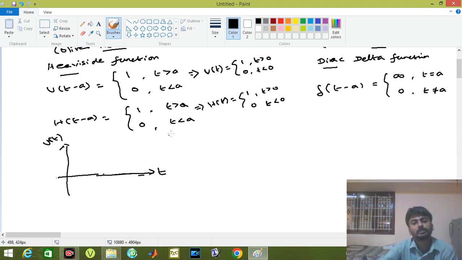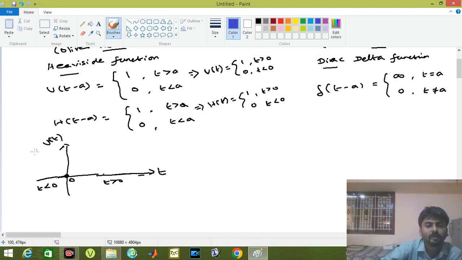So if it is so, see here it is 0. At this point I am having 0. So more than this, this is t greater than 0 and this is t less than 0. So my function will be like this. My u of t will be like this.